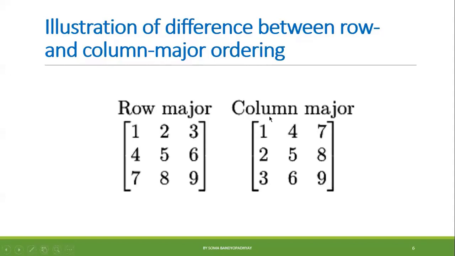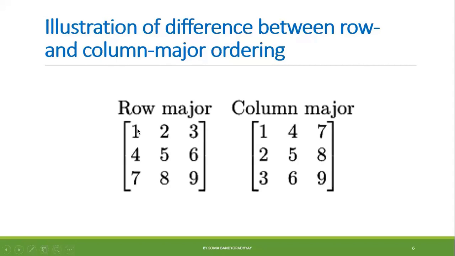So let us discuss the elements of a 2D array that are stored in row major order. Here, the elements of the 0th row are stored before the elements of the first row. The elements of the first row are stored before the elements of the second row.